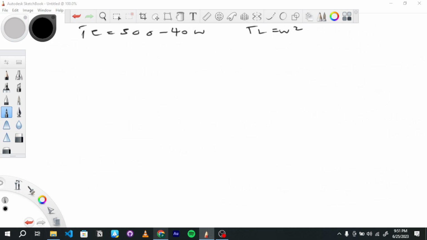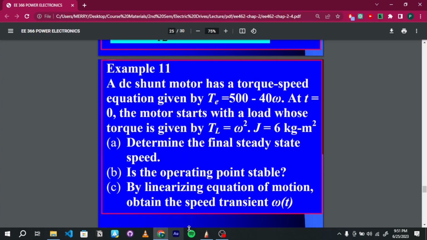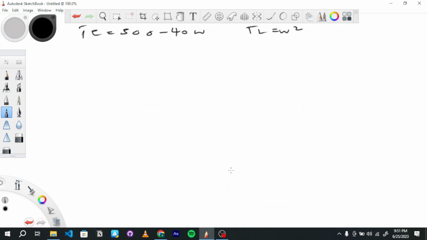The question says determine the final steady state speed. We know how to find that one already. At steady state, Te is equal to TL. So I'll say omega squared is equal to 500 minus 40 omega. Omega squared plus 40 omega minus 500 is equal to 0.